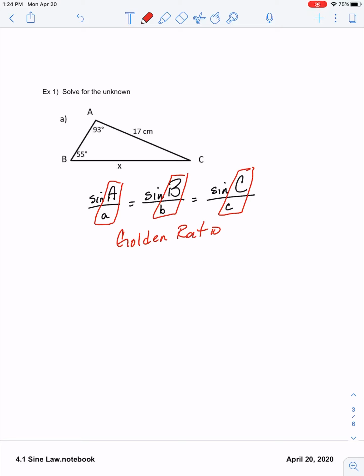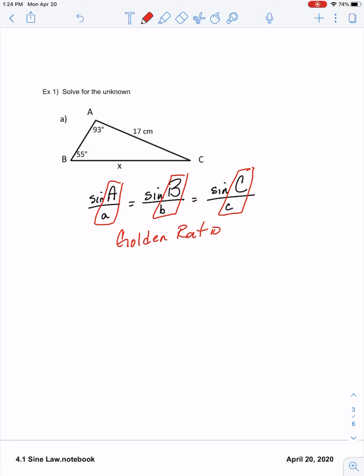But these are ratios, and the golden ratio is when you know both angle A and side A, or both angle B and side B, or both angle C and side C. If you don't know an angle and the side opposite it, then you can't use this law, okay? The only way you can use it is if you know one pair of side and angle.